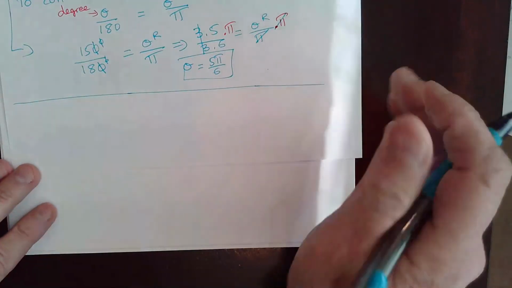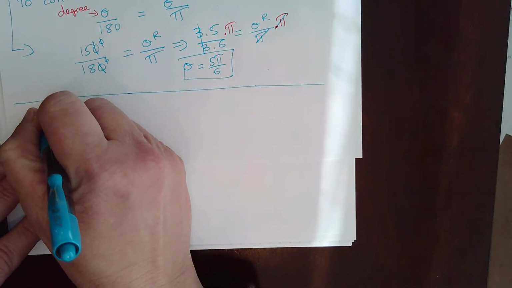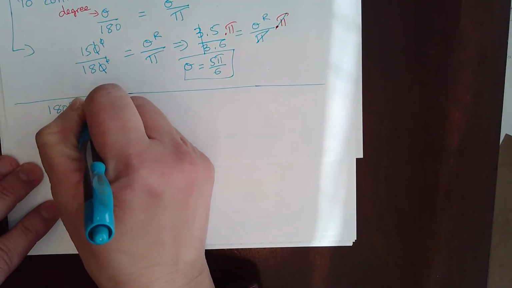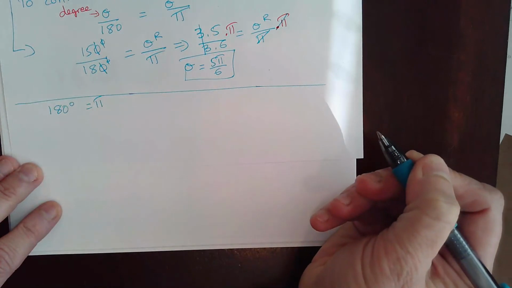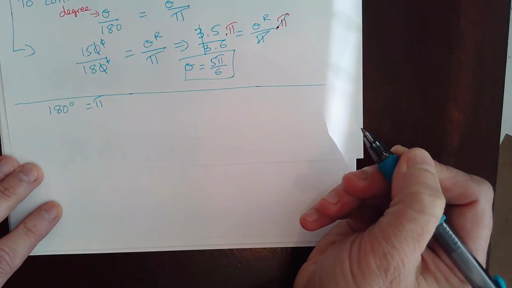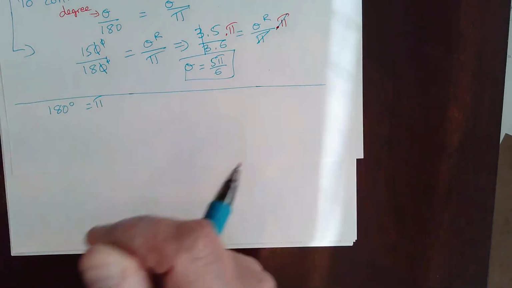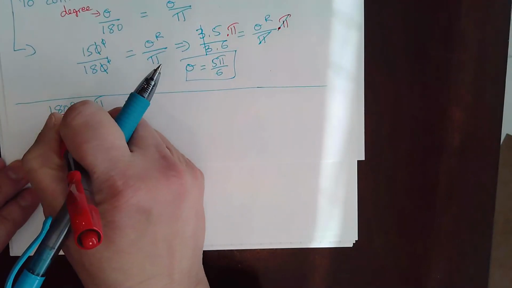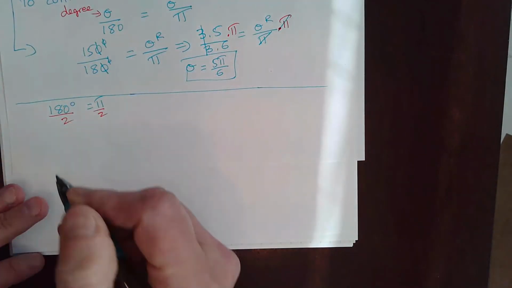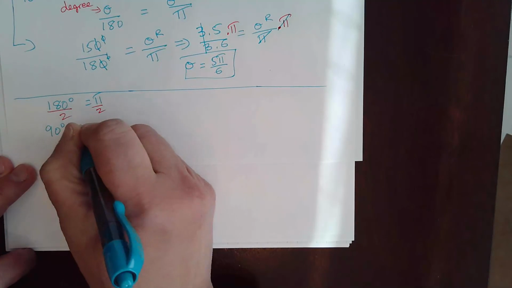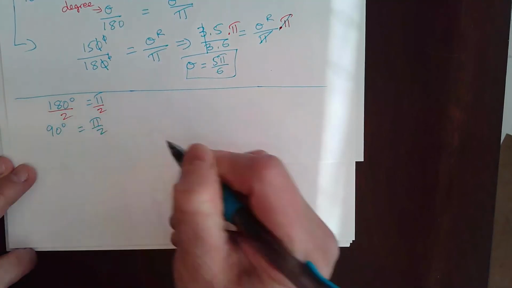We already established that 180 degrees is equal to pi. So to find out some of the angles, for instance, if you divide this by 2, you get 90 degrees equal to pi over 2 radian.